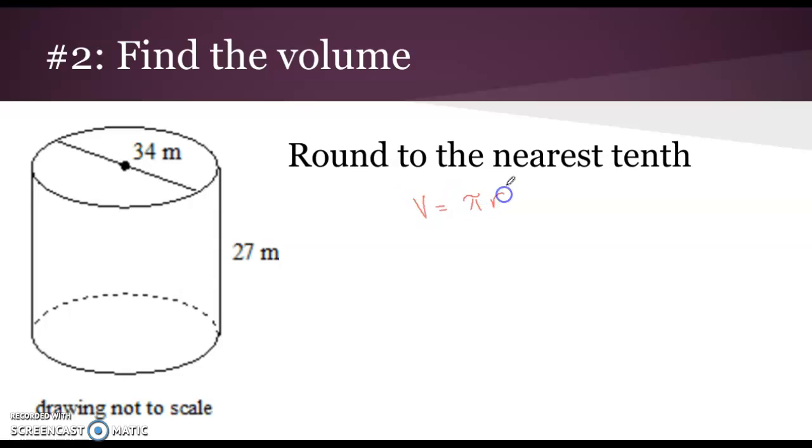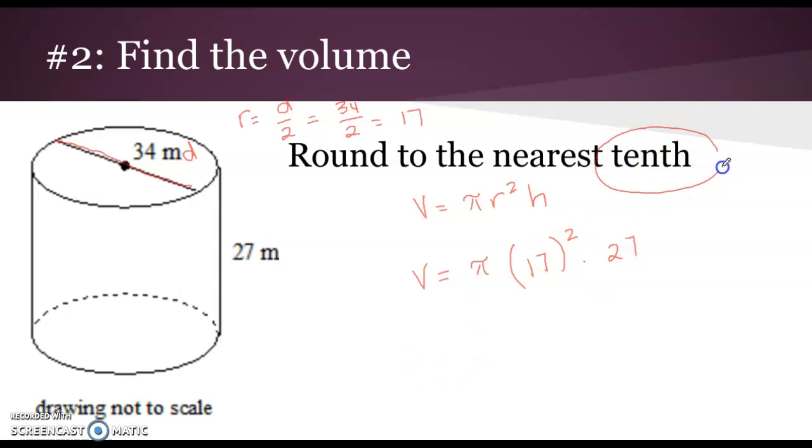Now that you had a chance to check your work, I write the formula and then I substitute. What's the radius? Notice that this 34 represents the entire length from here all the way across. This is my diameter. And we talked about before, the radius is the diameter divided by 2. In this case, it will be 34 divided by 2, which is 17. So when you substitute here, this will be 17 squared, and then the height is 27.